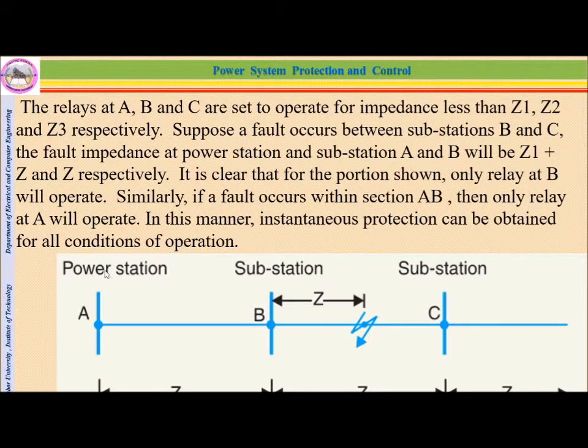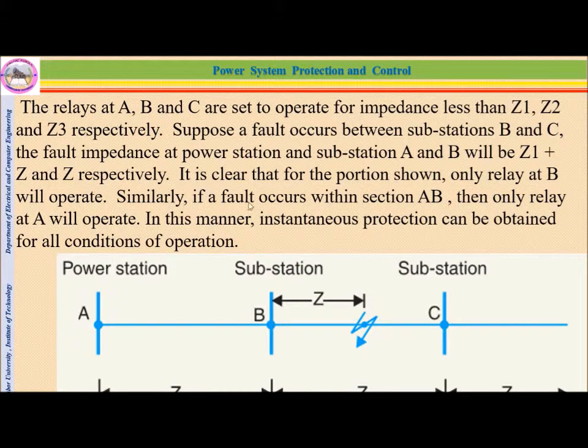Look at this, the distance or impedance relay. The relays at A, B, and C are set to operate for impedance Z1, Z2, and Z3 respectively. You can see Z1, Z2, and Z3. Suppose a fault occurs between substation B and C, that means at this point, the fault impedance from the power station end will be Z1 plus Z, and it is clear that for the protection shown, only the relay at B will operate.